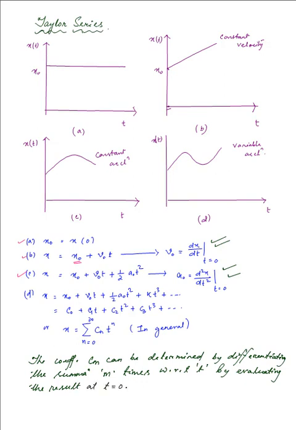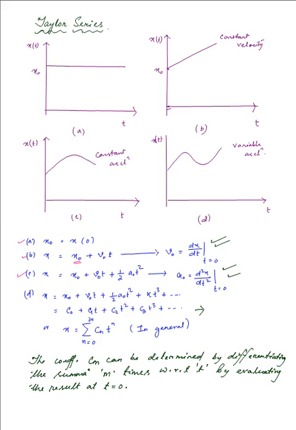Now you can know why t is equal to 0, because there will be some m plus 1 term which will be containing the t, and we have to set that to 0 in order to get that value of Cm. For example, if I am to consider this particular equation over here, we know that we have the higher powers of t over here, but I want to determine the value of C2.